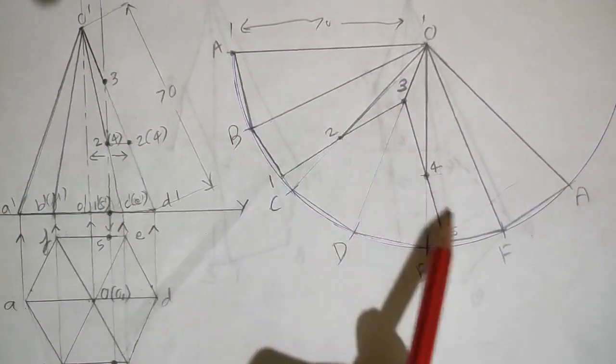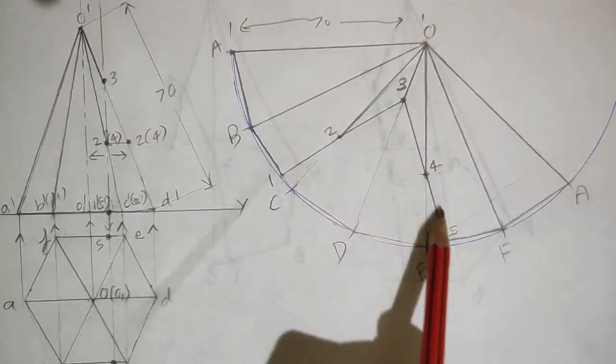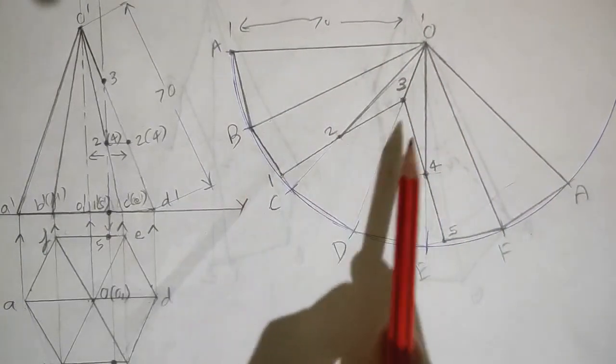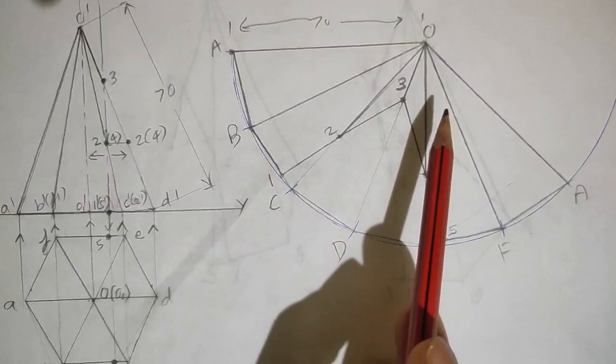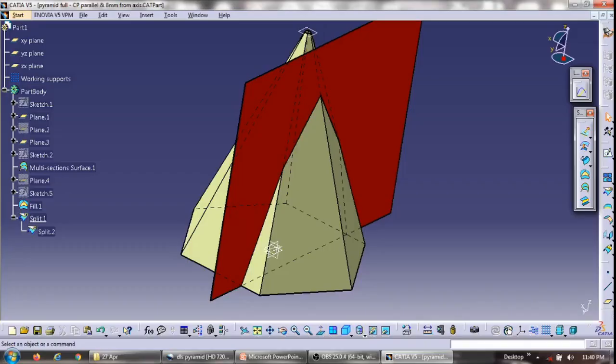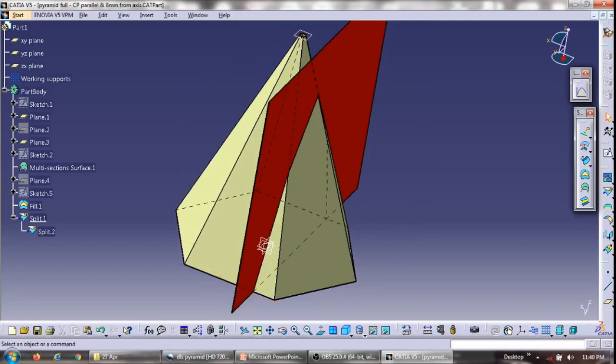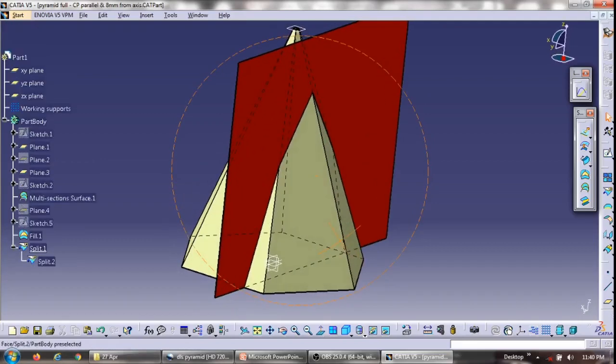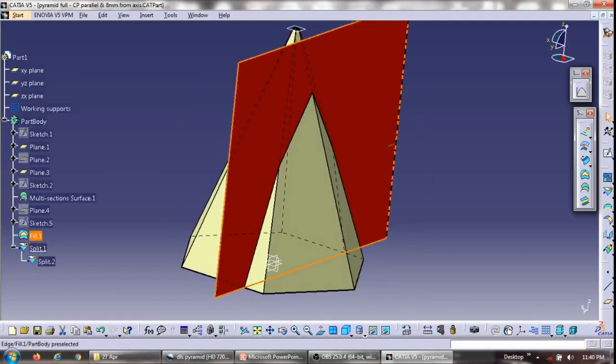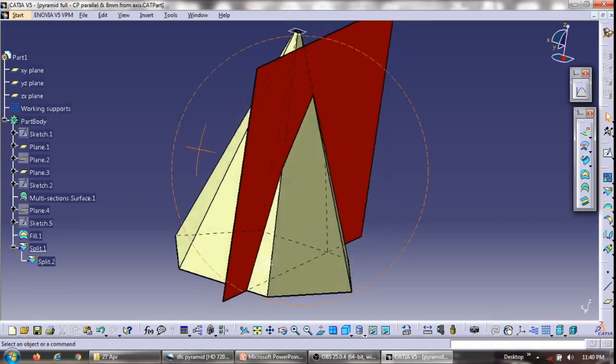So this area that you see is the development of the lateral surface of the left portion of the hexagonal pyramid.